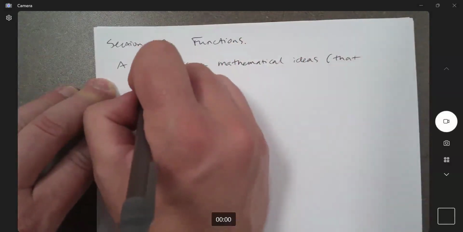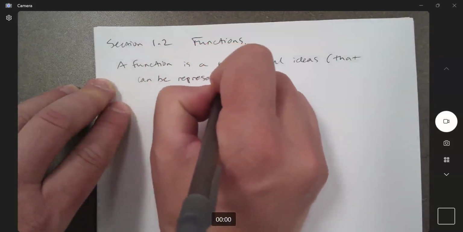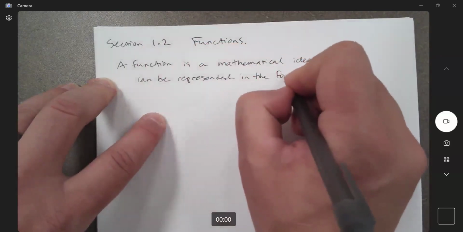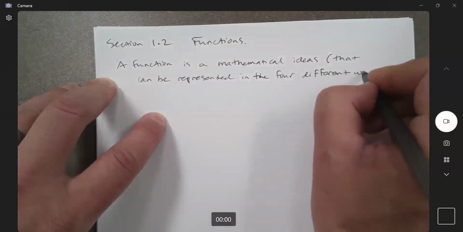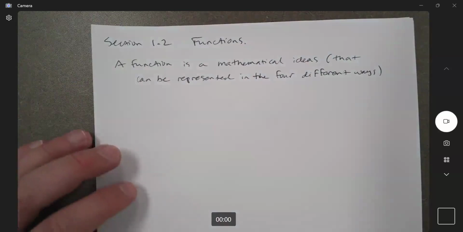Which means it can be represented usually in the four different ways. There are functions that do not lend themselves to representation in one of those four ways, but most of the functions we'll study here can be.